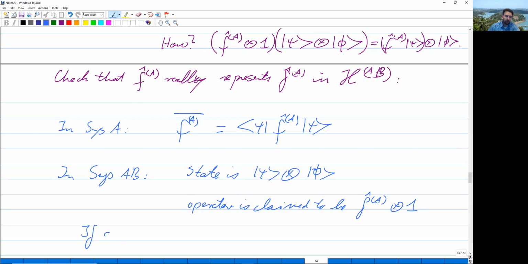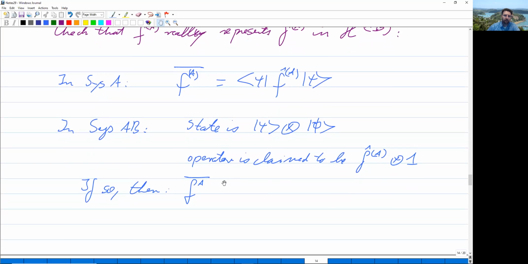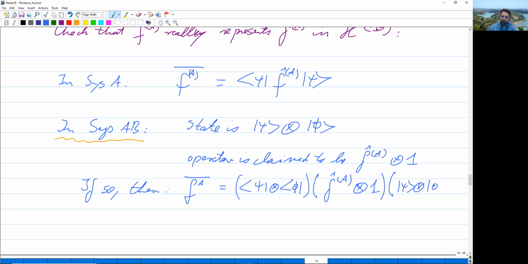If so, then f A bar in the big system, remember we are still in system AB, then this observable f A, if really represented in the way that it is claimed, has to be the dual vector psi tensor phi, then the observable, which is claimed to be f hat A tensor the identity, and then psi tensor phi, right?